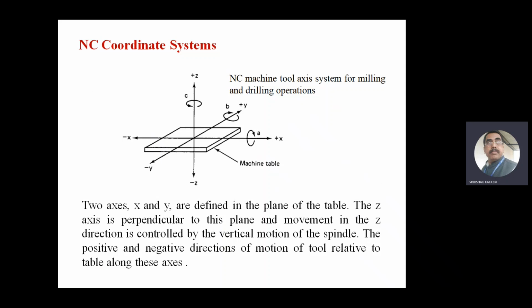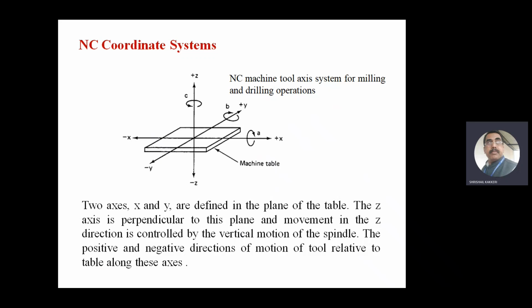Now, the coordinate system for the CNC machines is very important. Once you have to order the movement of the tool, what should be the x-axis, the y-axis, the z-axis. Of course, the CNC milling machine and the CNC turning centers have different coordinate systems, because the programming method is different.